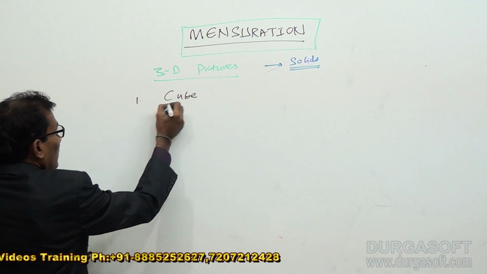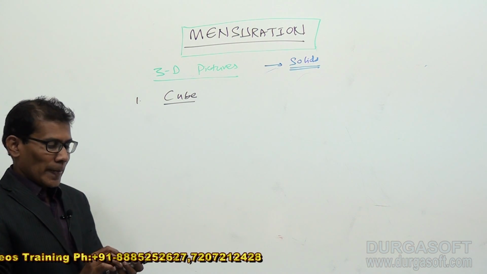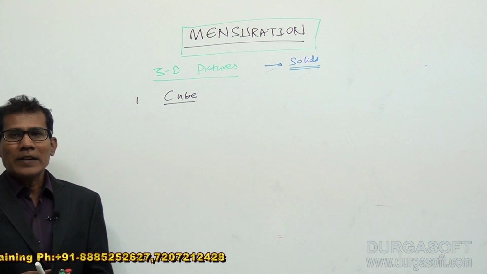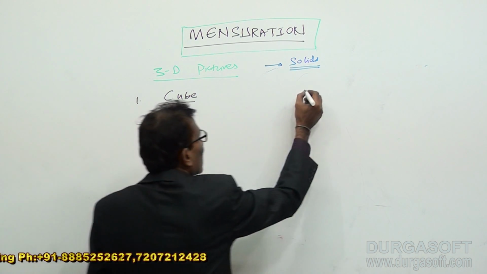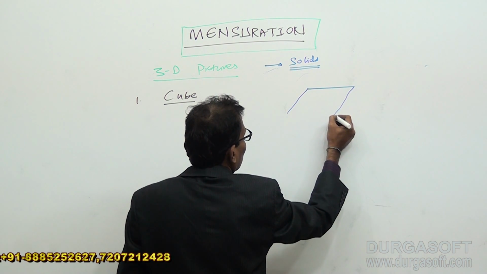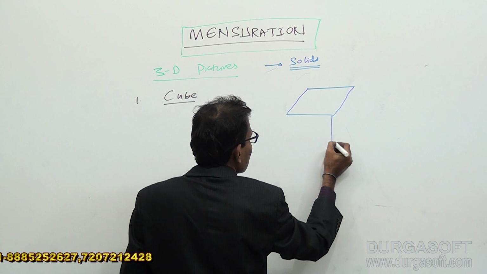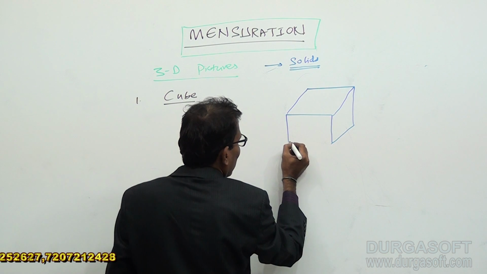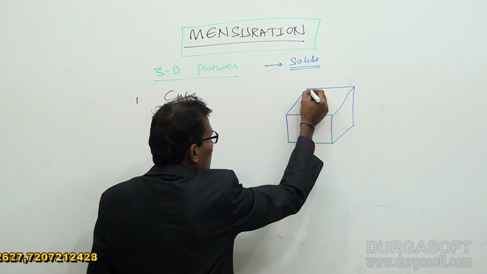What is a cube? A cube is a solid with 6 faces and equal edges. You can visualize this figure. It has 6 faces and every face is in the shape of a square.